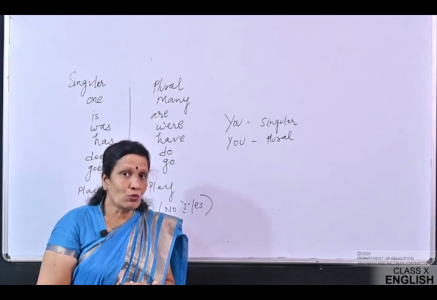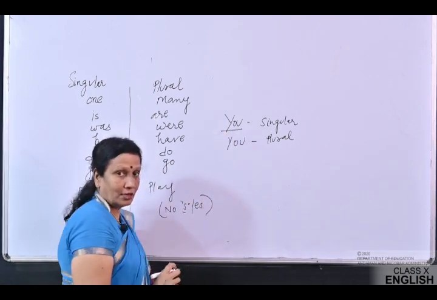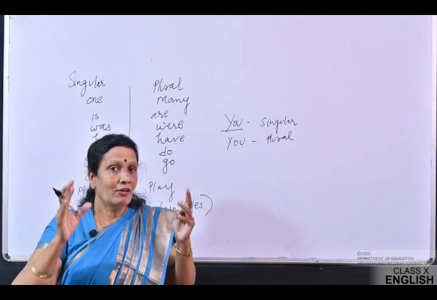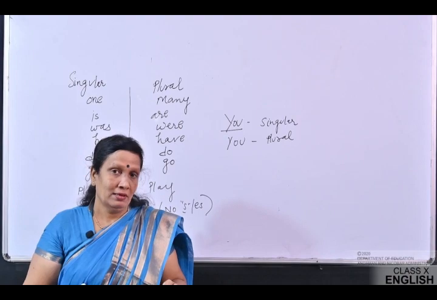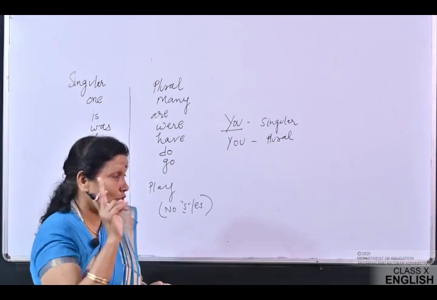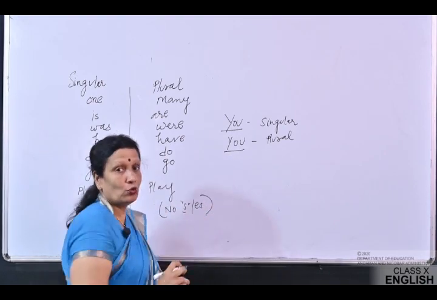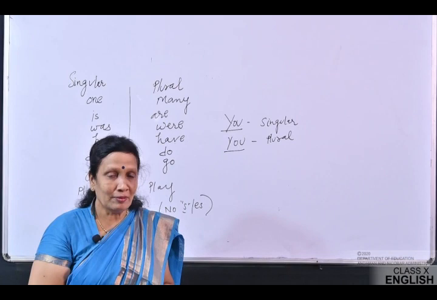How do you come to school? Okay, for one person also we use you. And when you talk about more than one person or to many people, then you use you again. Okay, that you have to be very clear.